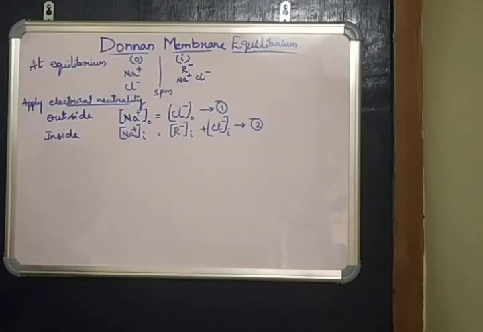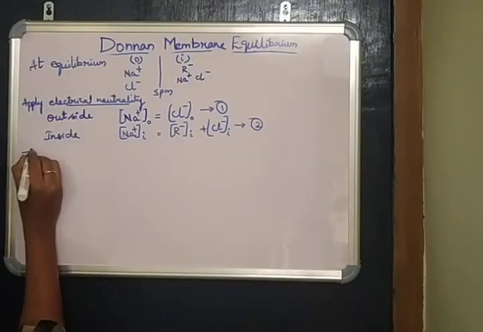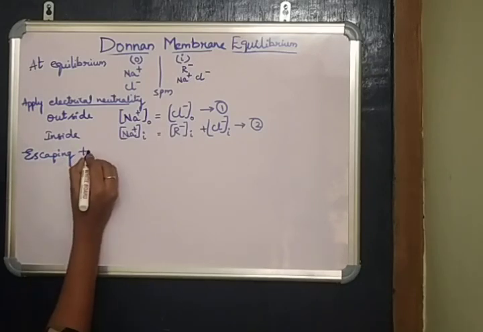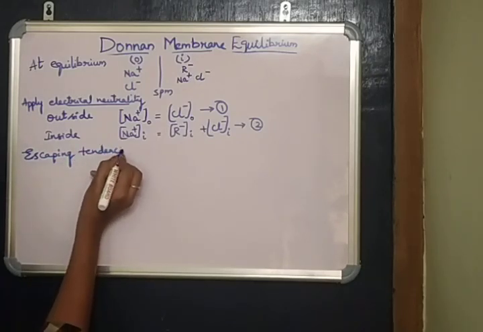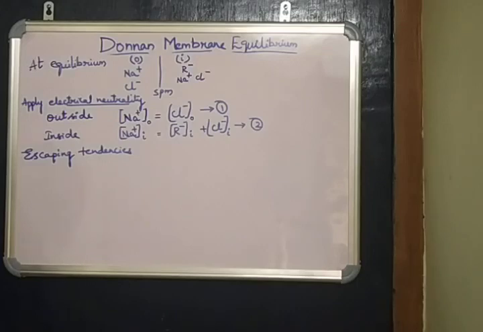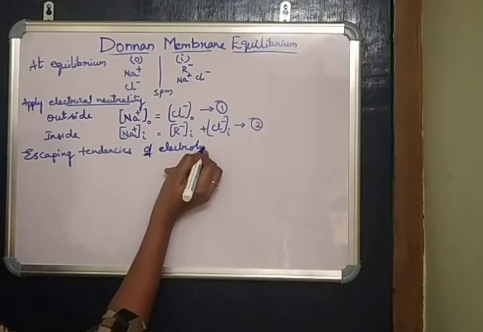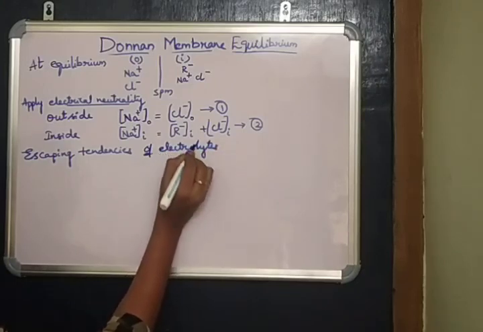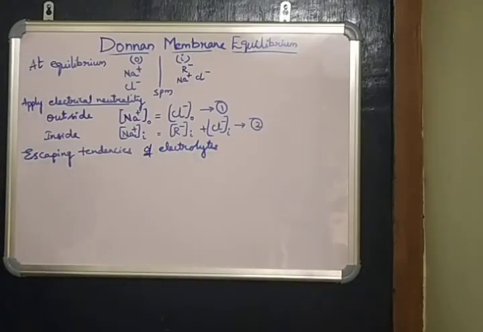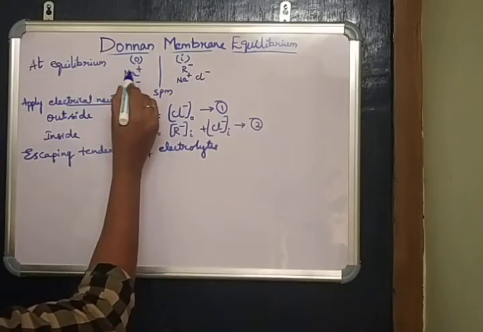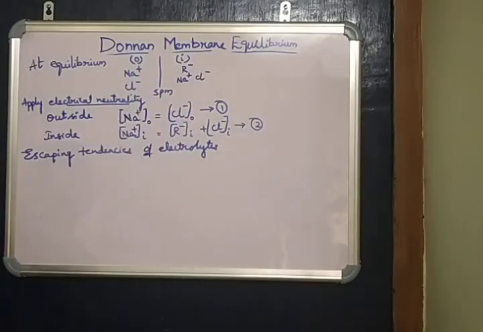Here we have to mention the escaping tendencies of electrolytes. The escaping tendency of electrolytes means the concentration of electrolytes on both sides of the membrane is the same.